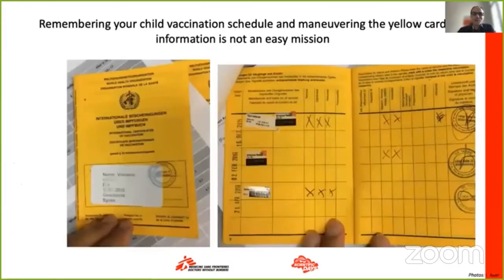I think all of you are familiar with the yellow card, and you know that it's not an easy card to use, although it's very useful and helpful. So imagine being a parent and you have to record the vaccination records of your children. Myself, now I am dealing with it with my 6 months old child, and it is already a headache.